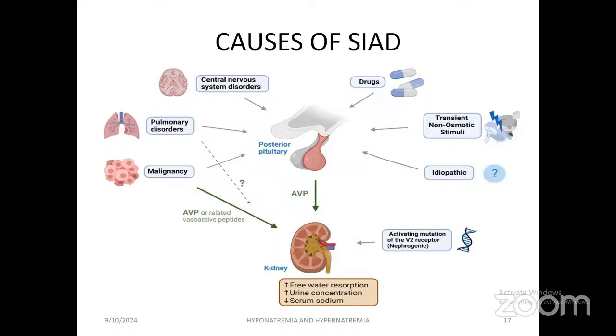In transient non-osmotic stimuli, we have nausea, pain, stress, prolonged endurance exercise, general anesthesia, and pituitary surgery. In idiopathic causes, we have the reset osmostat, and in hereditary causes, an activating mutation of the V2 receptor may lead to nephrogenic SIAD.